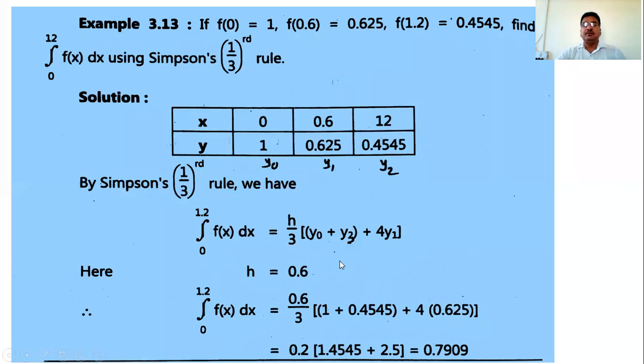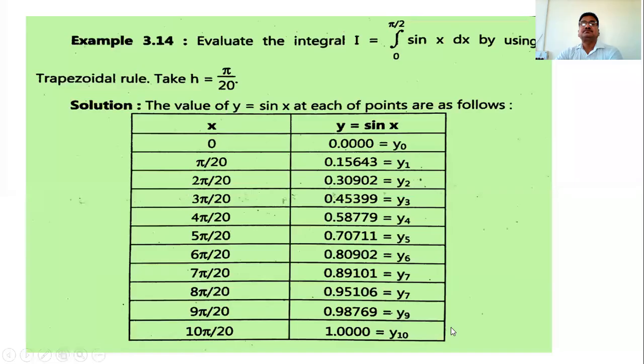Then substitute h as 0.6 because the common difference is 0.6, and substitute all the values to get the integration. The function is not given here, but the table is given, so substitute the values and find the answer.